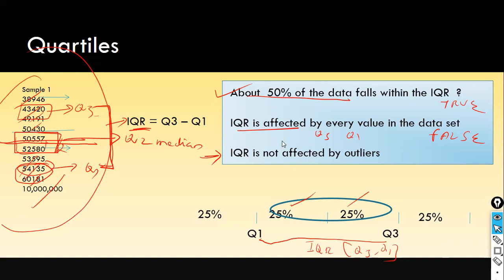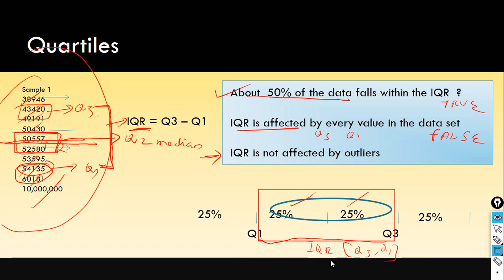See, here the question is about IQR. The area IQR represents is Q3 minus Q1. I will just put it in a rectangle here. The other values are not going to affect this one. The IQR is this middle one, the interquartile range, where Q1 and Q3 sit in the box plot.